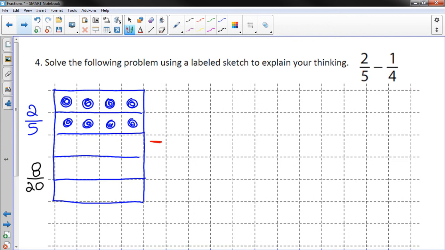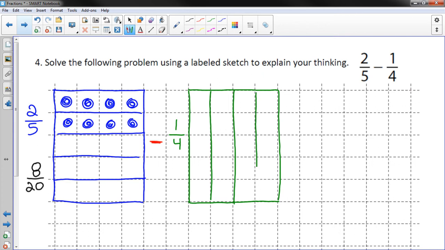We're subtracting. I'm going to build the second one. This is going to be 1/4. So I'm going to break this up into fourths. One of those 4 are colored in, shaded in, and it looks like 1/4 is 5/20.